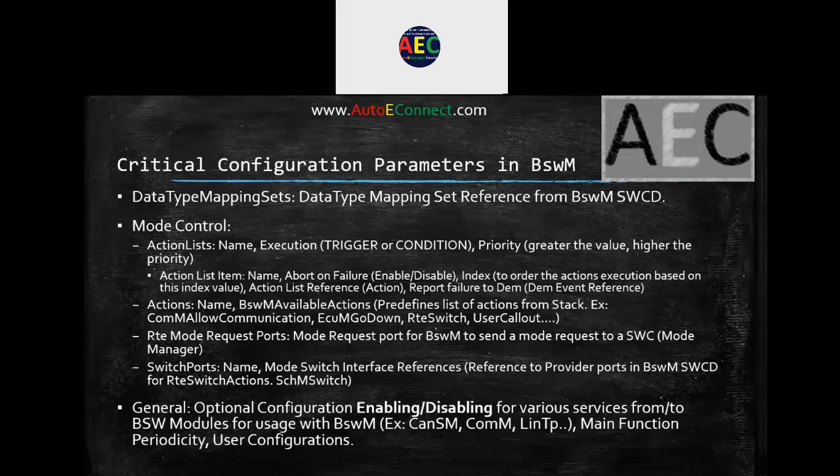Wherever you want to call a function not from the BSW services, but to have your own implementation apart from the BSW related services provided, you can configure a user callout function in the available actions. This is one of the available actions from where you can call your respective callout function.